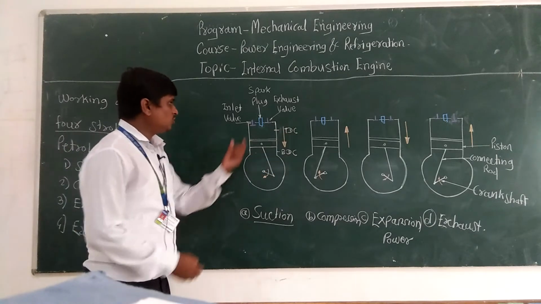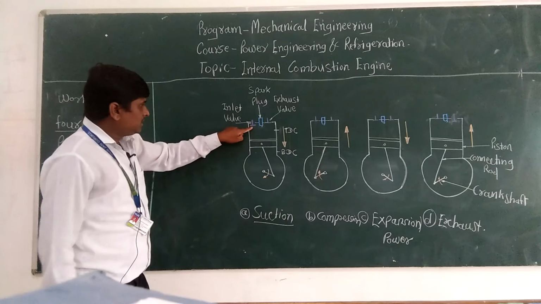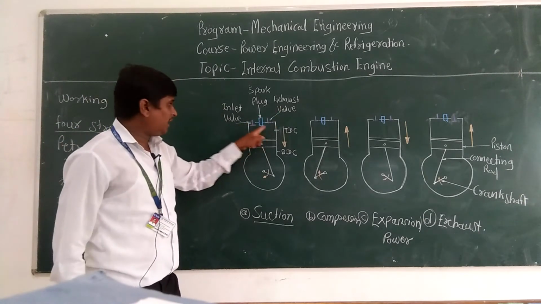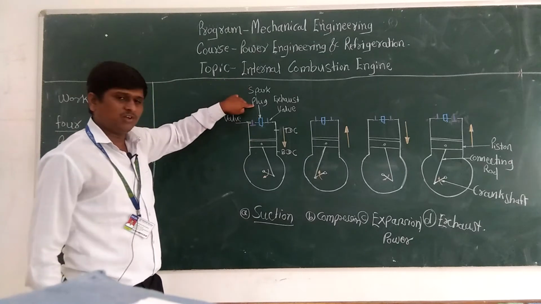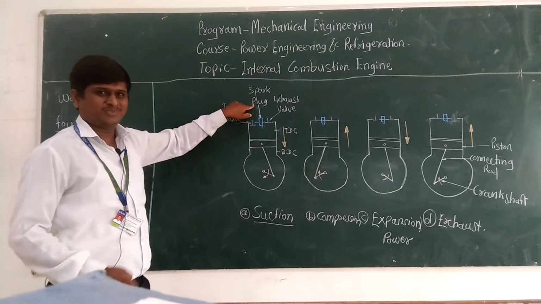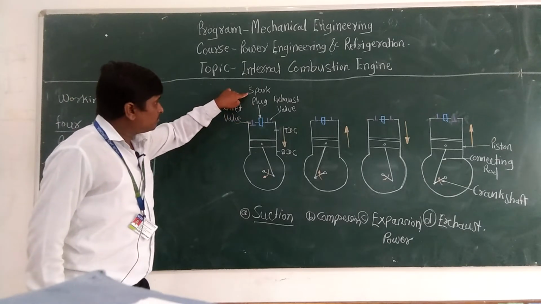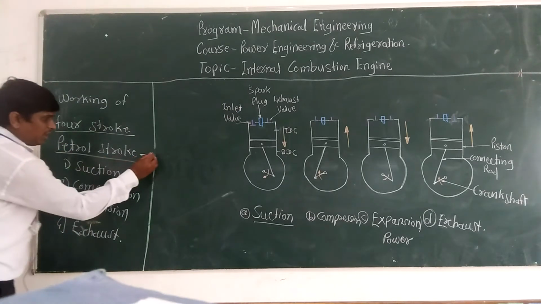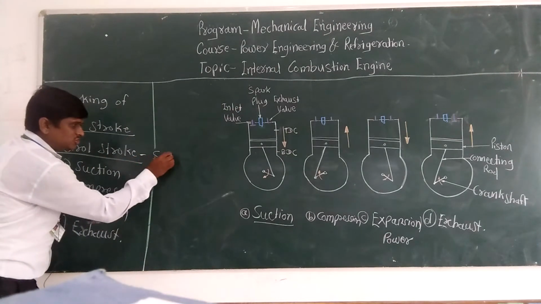In the figure, this is the inlet valve, this is the exhaust valve, and this is the spark plug. It is one of the important elements in a petrol engine. Due to the spark plug, this petrol engine is also called a spark ignition engine.